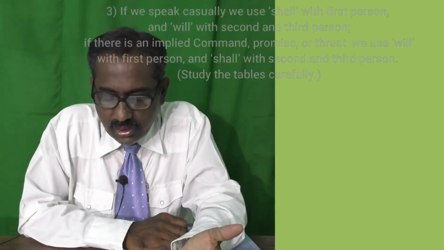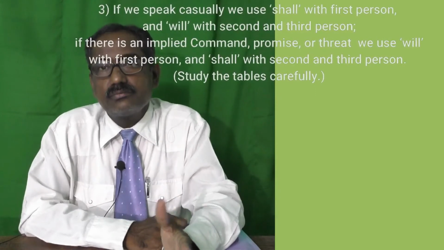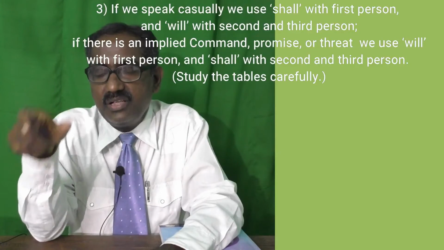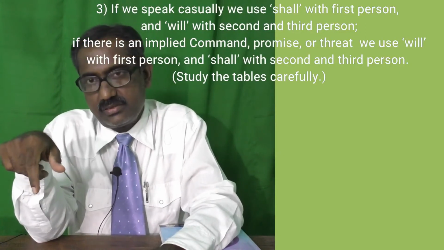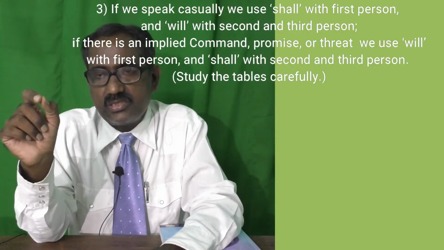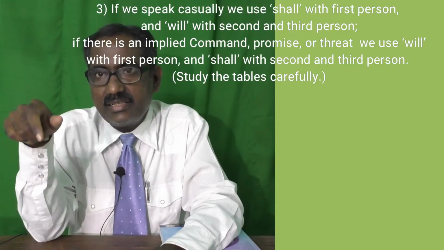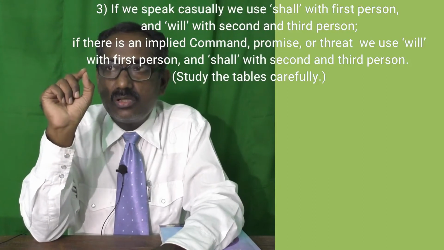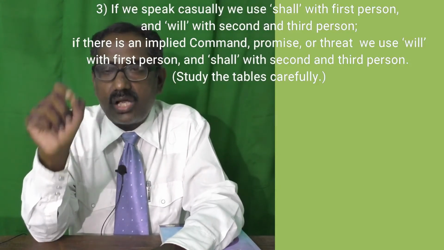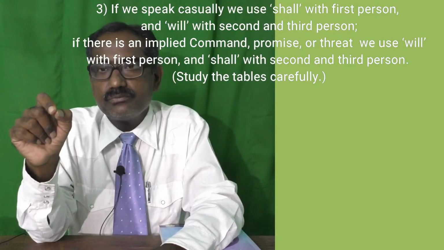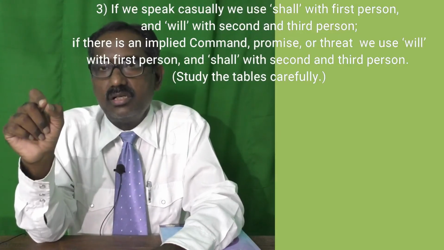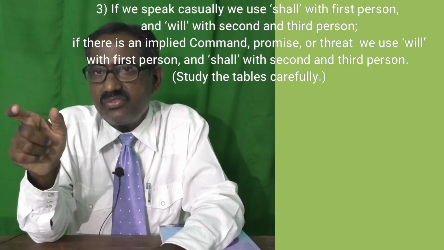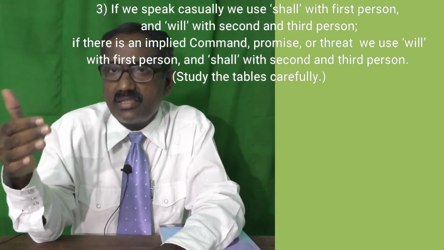Third rule is, if you speak casually, you have to use shall with first person and will with second and third persons. Shall with first person and will with second and third persons. If you would like to tell or say firmly about your future action, then you have to use will with first person and shall with second and third persons.